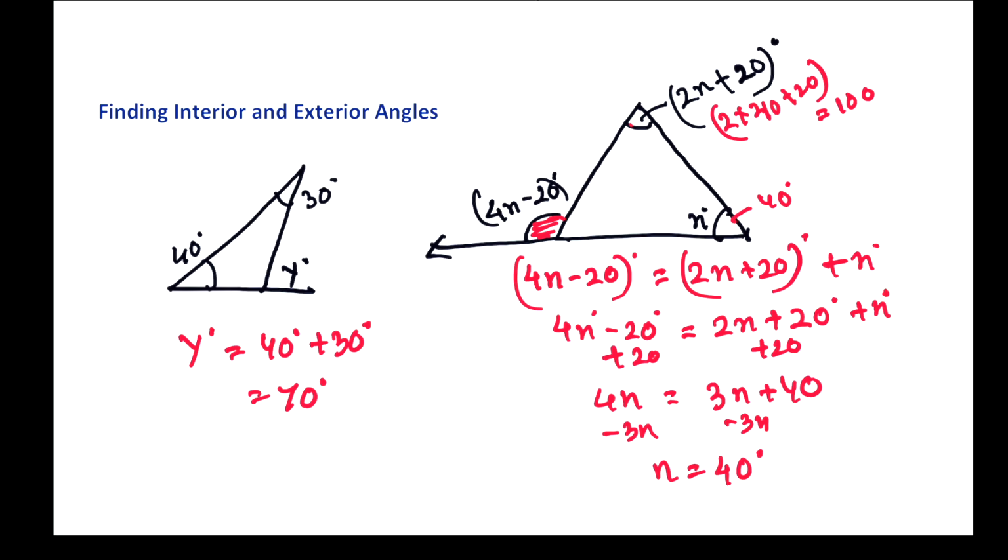Let's put the value of n in 4n minus 20. 4 times 40 is 160, minus 20 is equal to 140. Yes, that means our finding that n equals 40 is the correct answer. So you can always double check by adding the two interior opposite angles and finding out whether that matches your finding of the exterior angle.